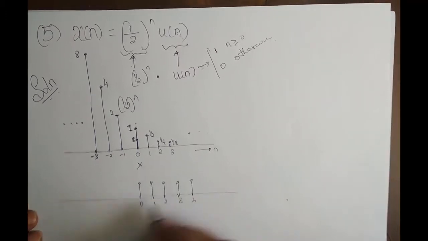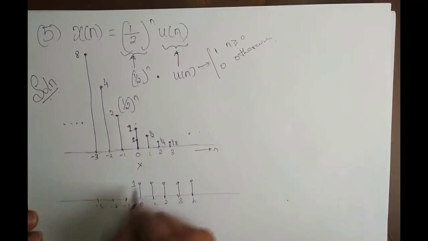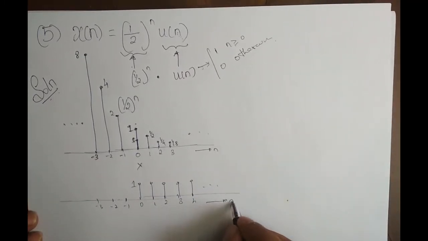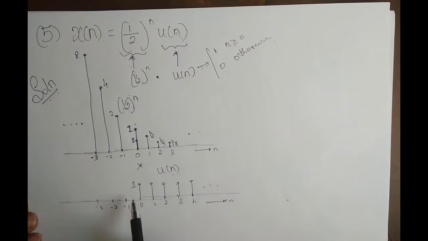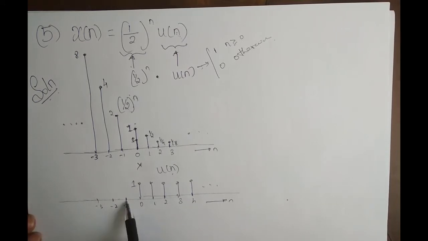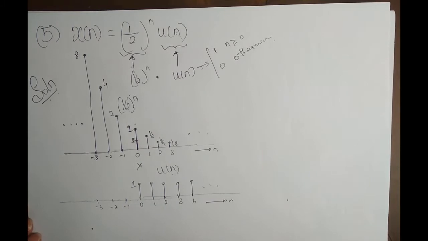For other values of n, minus 1, minus 2, minus 3, it is completely 0. So this signal is u of n. Now 1 by 2 power n gets multiplied with u of n. What happens at the negative part of n? It is 0 for n from minus infinity to minus 1, and multiplied with any signal, I end up with 0, right?